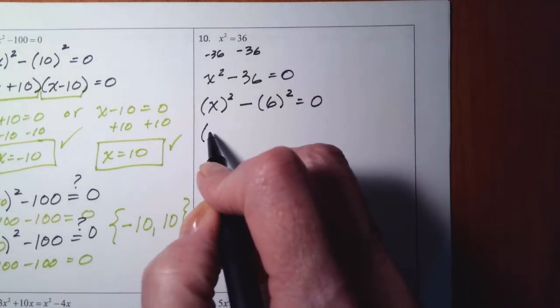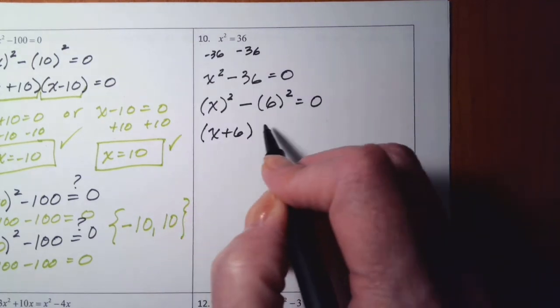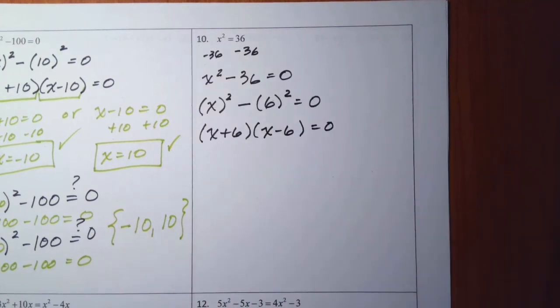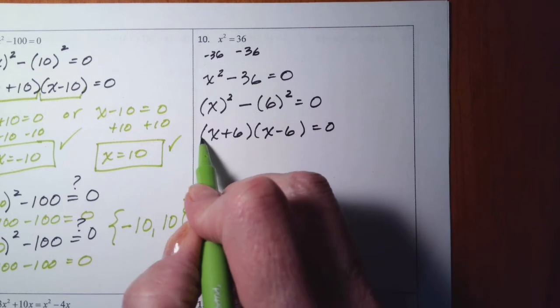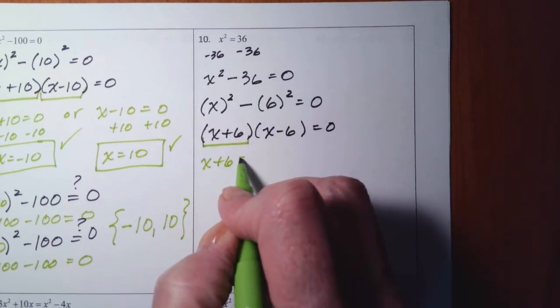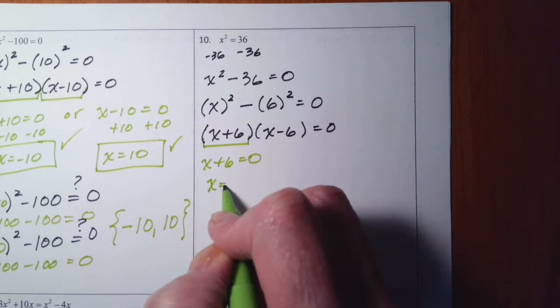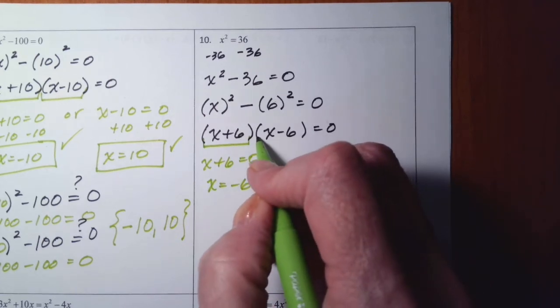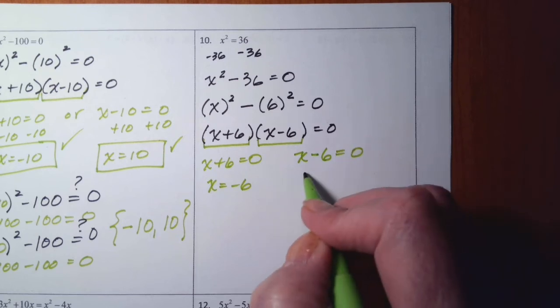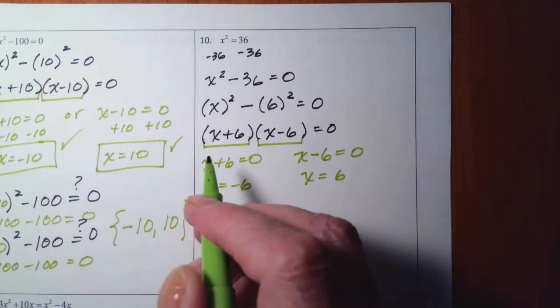So I know now this factors into x plus 6 times x minus 6 equals 0. So if x plus 6 is equal to 0, then x equals negative 6. If x minus 6 is equal to 0, then x equals 6.